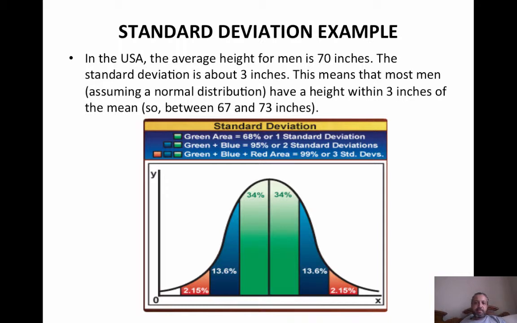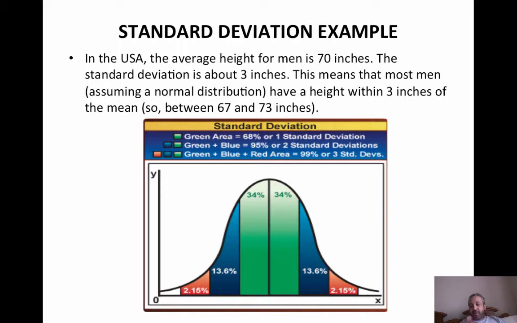What does that mean in more concrete terms? Well, notice, I've given you here, in this example, the standard deviation. It's 3 inches. So each one of these little boxes is 3 inches.